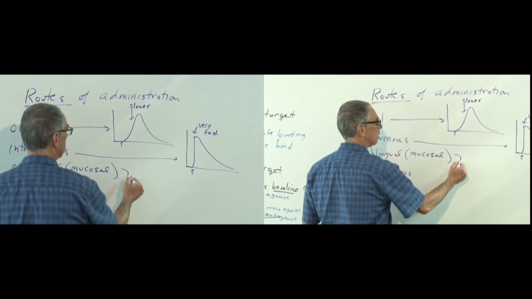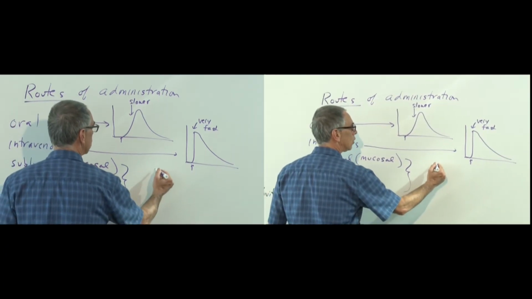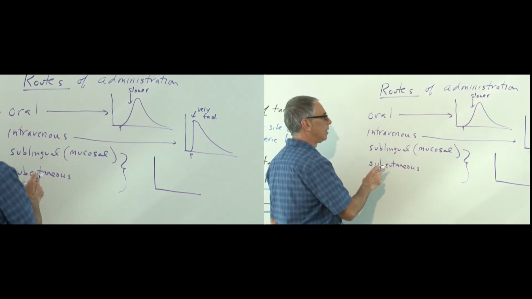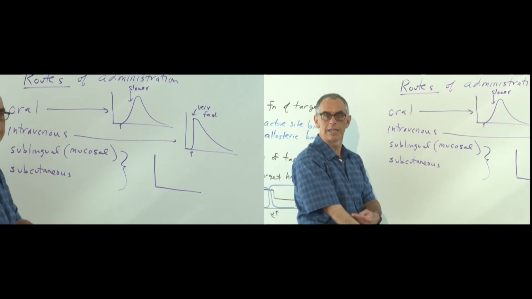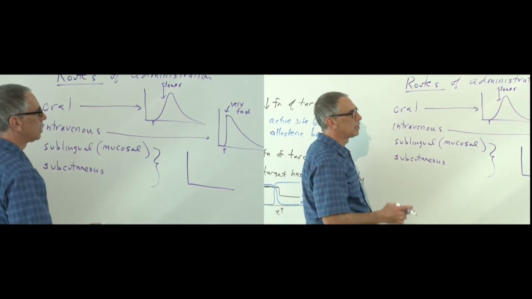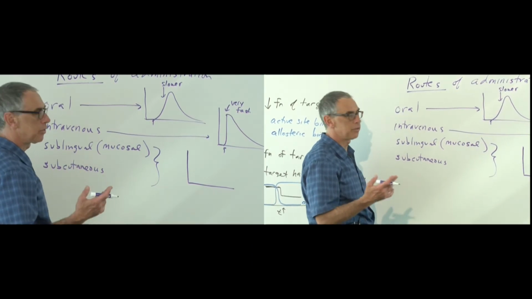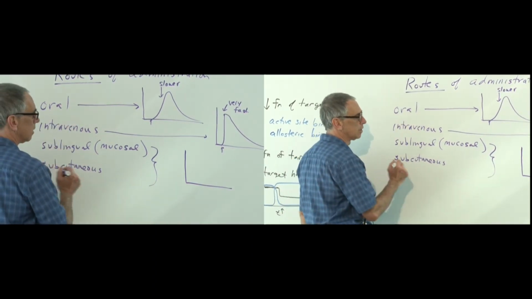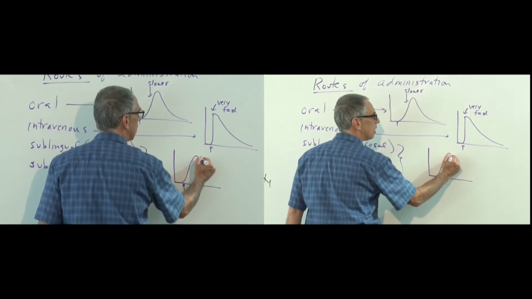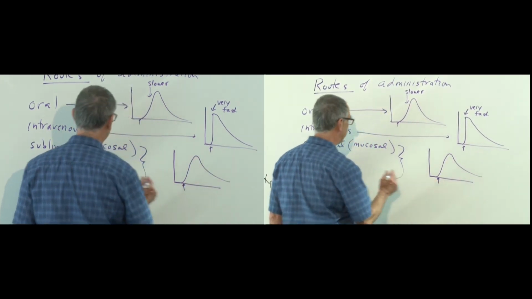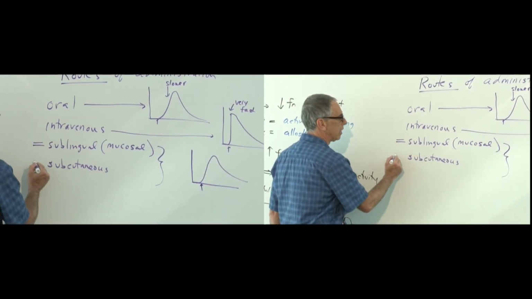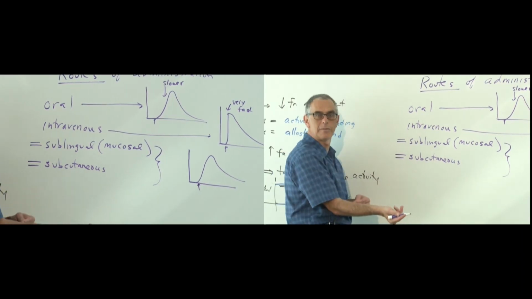For sublingual and subcutaneous, it's often things that cannot be delivered orally, but intravenous is a big deal. You need an indwelling catheter. So the nice thing about sublingual and subcutaneous is you can deliver biologics and other things that can't go through the GI system, but they will have a curve that is somewhat similar to the oral curve because there's a certain amount of time it takes to cross the mucosal barrier or to be absorbed from under the skin.